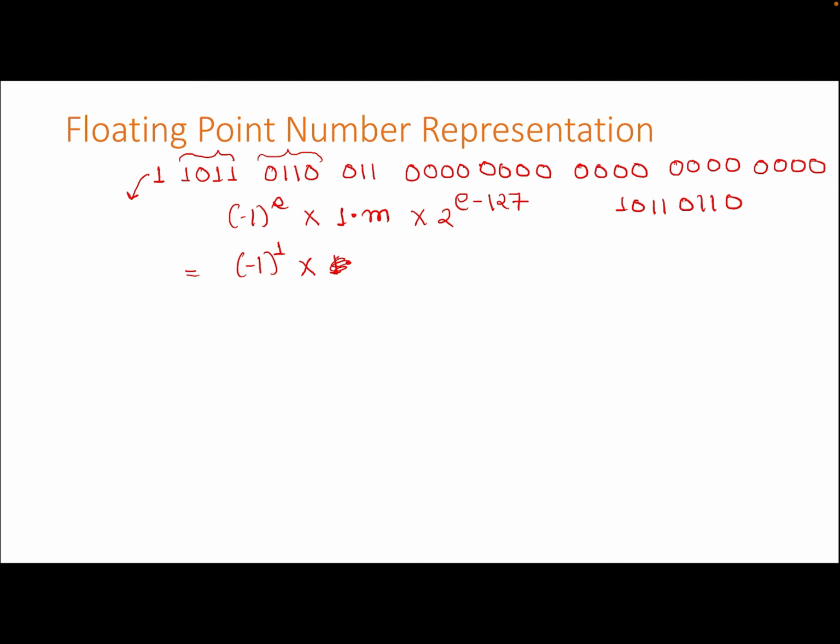What is the decimal value of this? 1, 2, 4, 8, 16, 32, 64, 128.